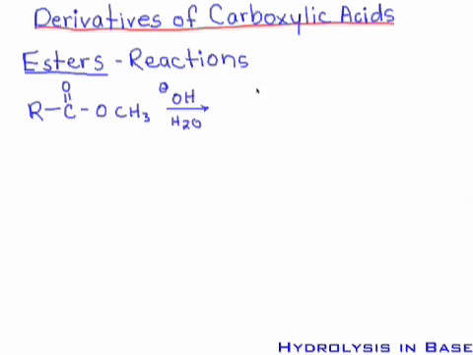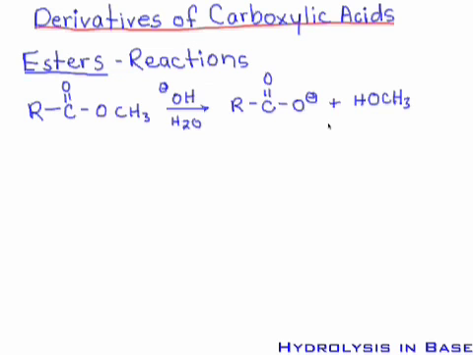We will produce carboxylate anion because in base, the carboxylic acid is deprotonated. And the leaving group here will be methanol. We'll kick out the methanol. Now in base, the reaction is irreversible.